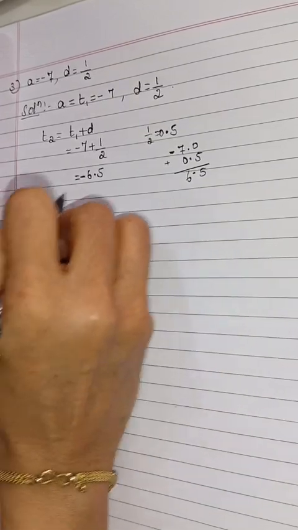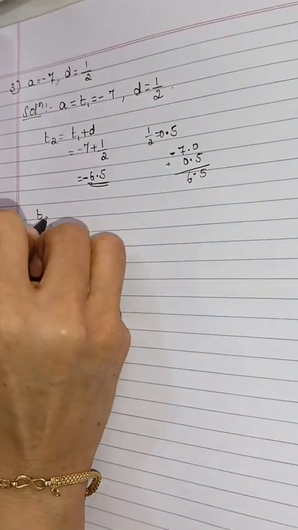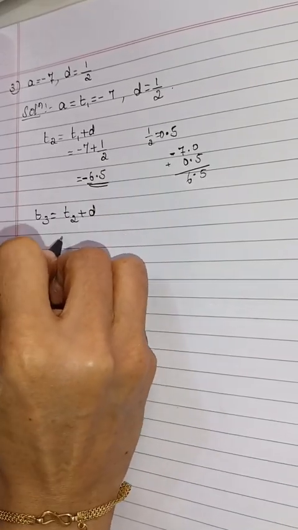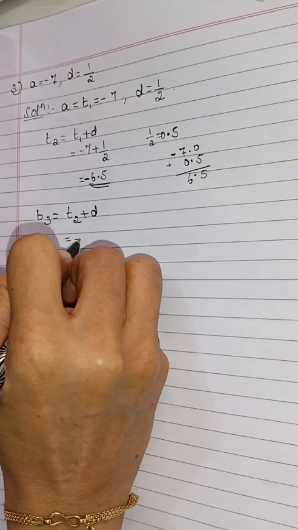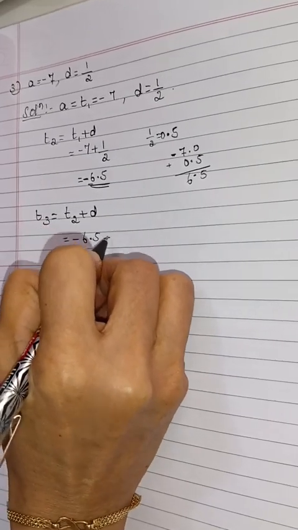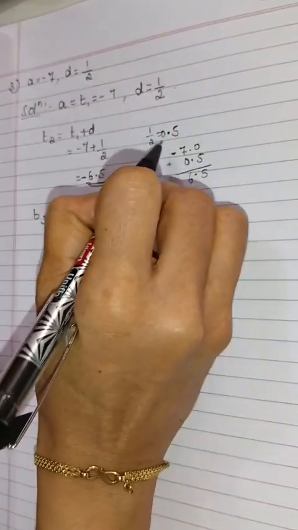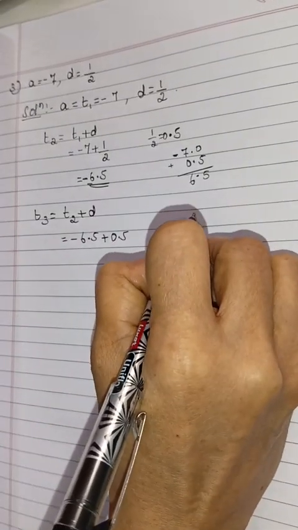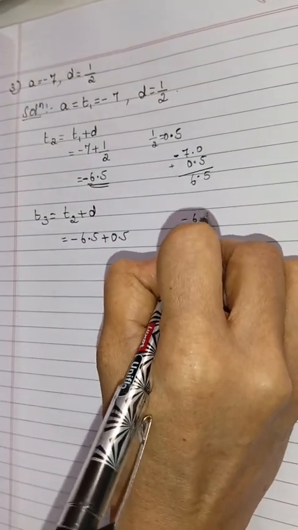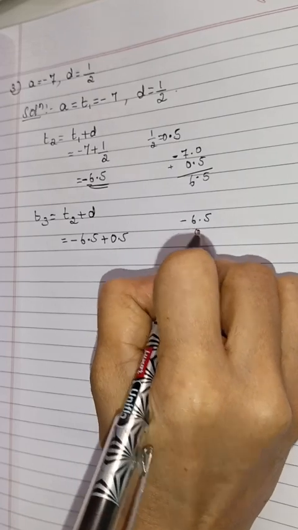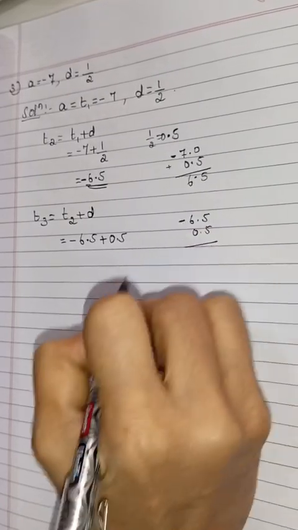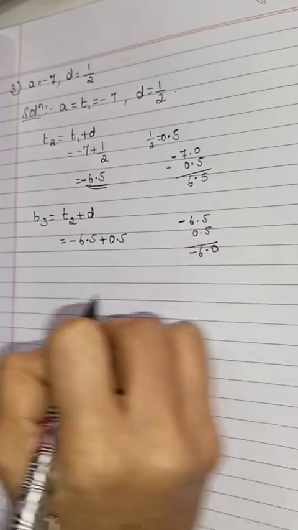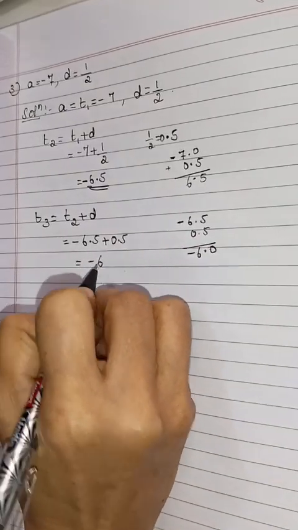T3 is T2 plus D. That is T2 is minus 6.5 plus half means 0.5. Minus 6.5, then 0.5. This is minus. So, here it is 0, minus 6.